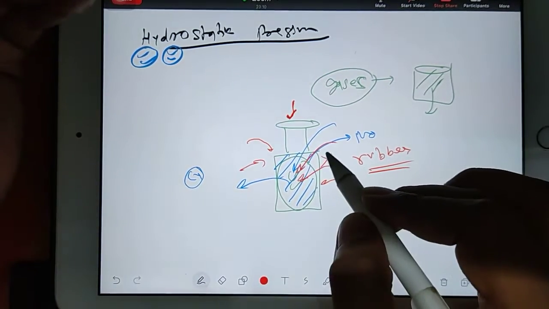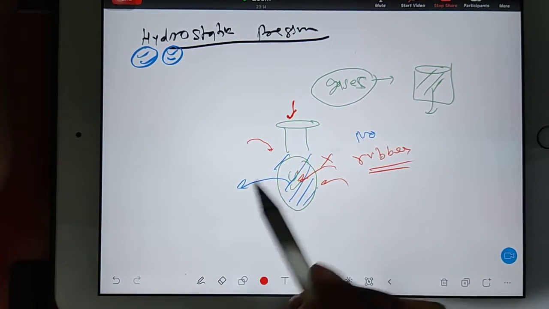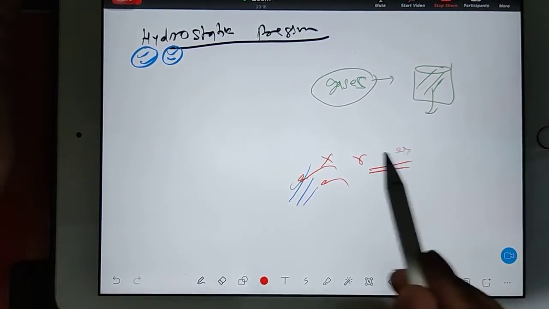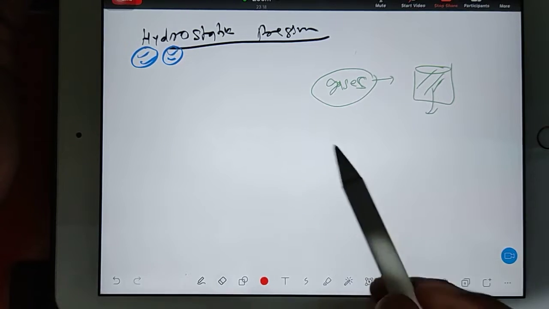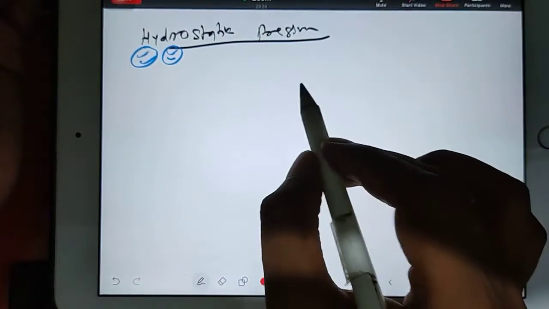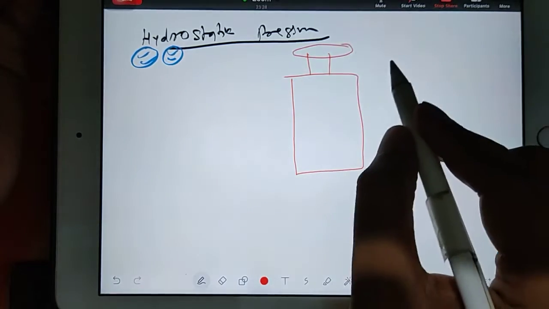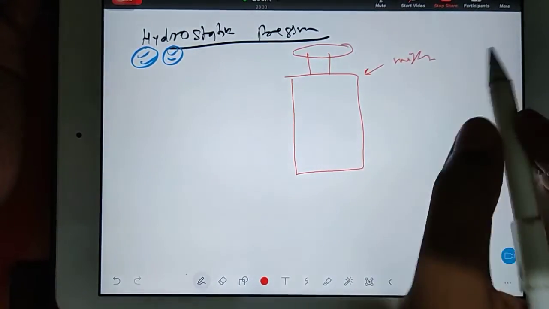Once there is gas, then only there is weight. It is a hypothetical situation. Actually, in real life, we cannot develop this kind of cylinder without weight, because we have to use mass to construct the wall of the cylinder. So definitely mass will come, weight will come. But just as a hypothetical situation, I have a cylinder. This is my LPG gas cylinder, and this cylinder is not having weight because it is empty.